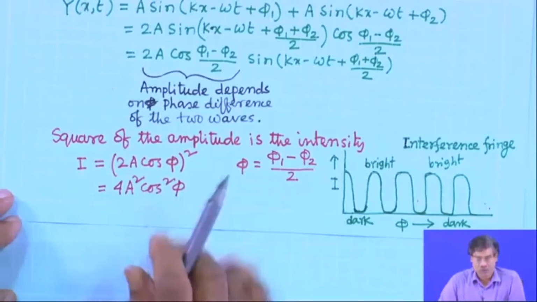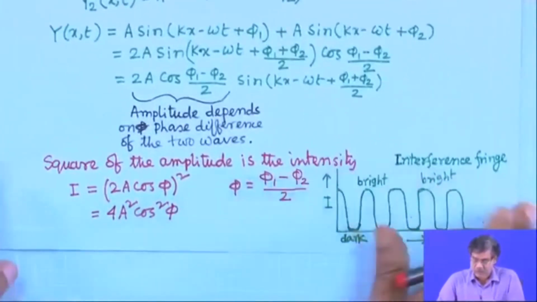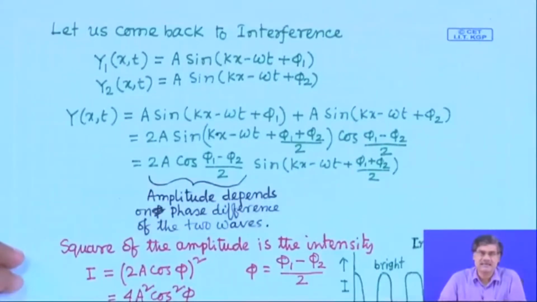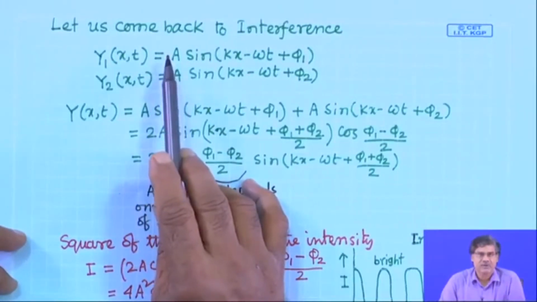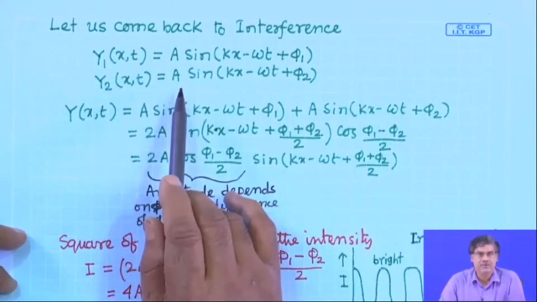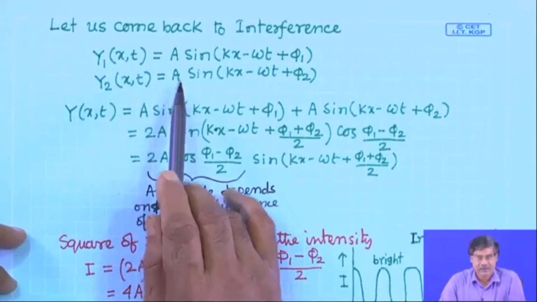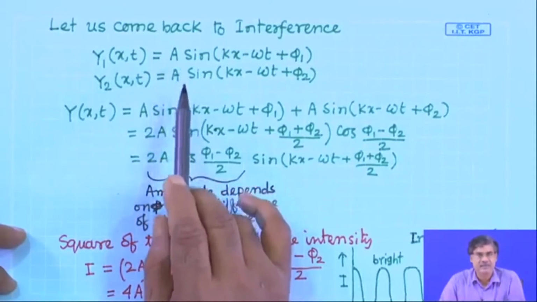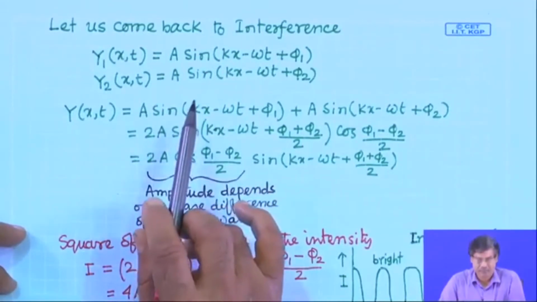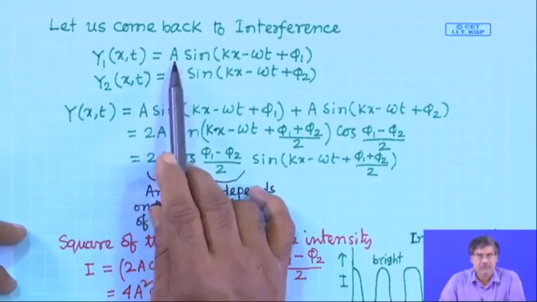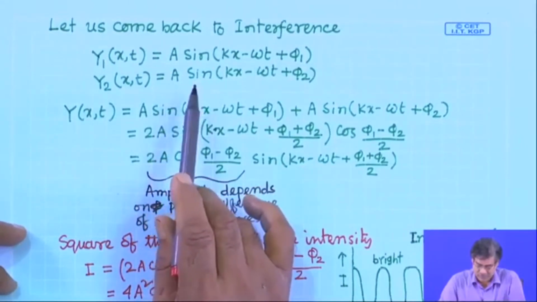Okay. So, the intensity of this one is A square, the amplitude squared, the other one has amplitude A, they can be different or they can be the same. We have taken the same, just for simplicity, okay, one can take different also.